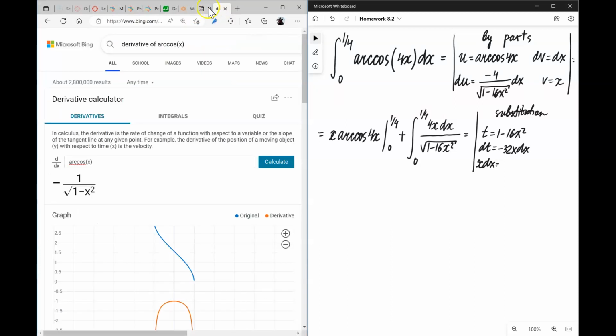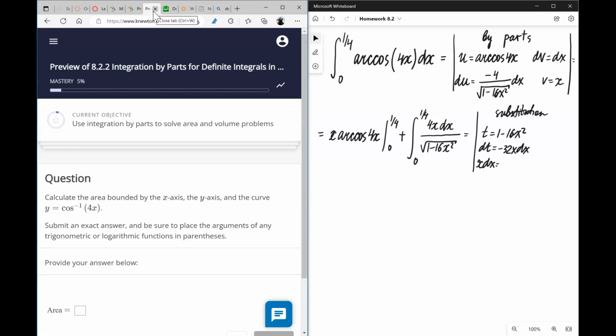Just want to make sure I found this derivative correctly. So x dx will be equal to negative 1 over 32 dt. And we're going to change the limits of integration. When x is 0, t is 1, and when x is 1/4, t is 0.